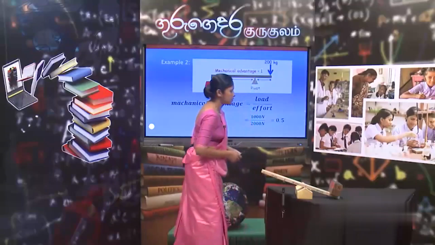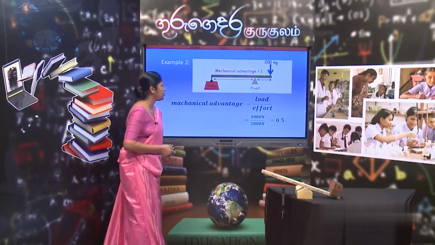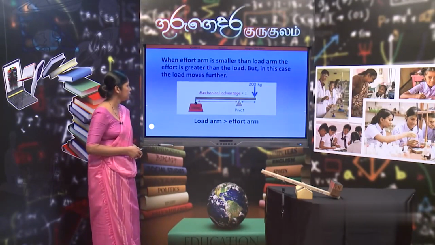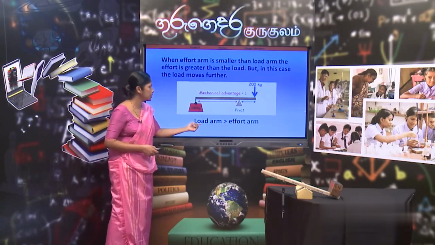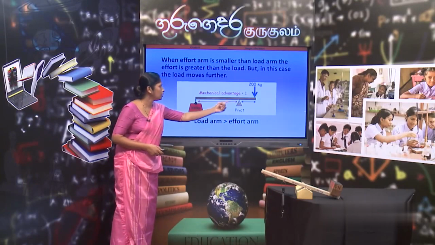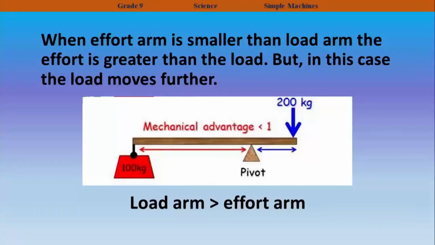In this case, the mechanical advantage is less than 1. When the load arm is greater than the effort arm, the mechanical advantage is less than 1. So, in this case, this is not advantageous.